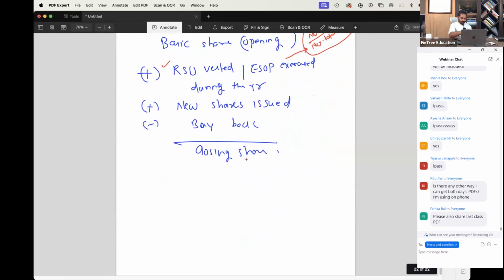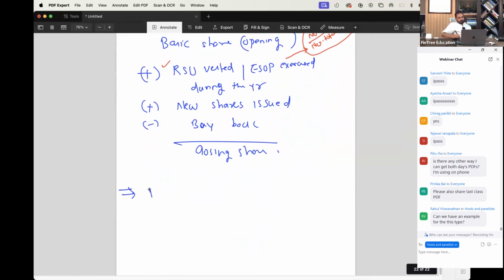Now, fine, I want to forecast the number of shares which are anti-dilutive, so that I can calculate diluted shares.